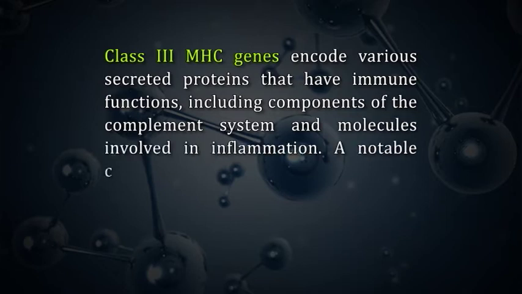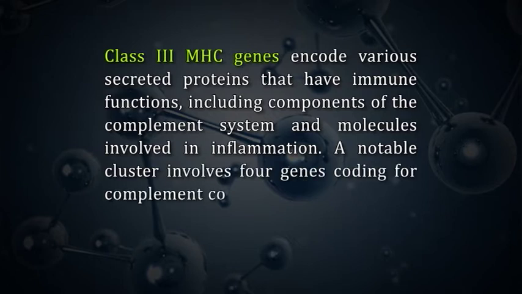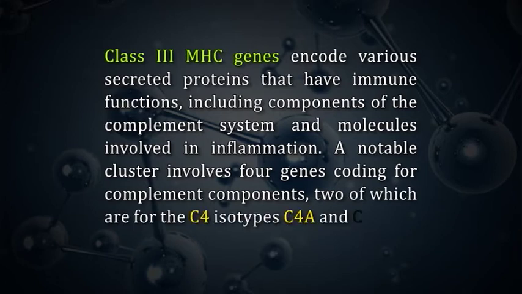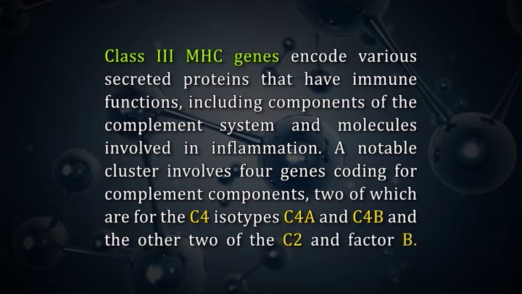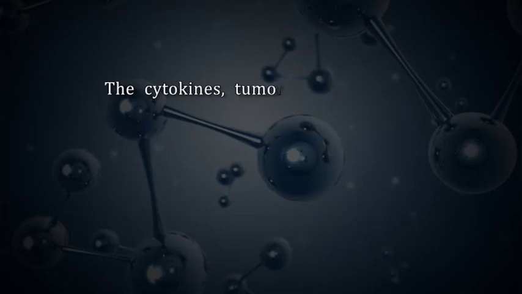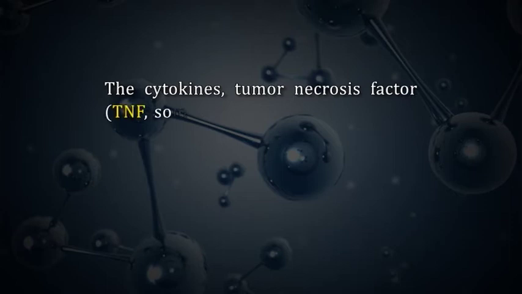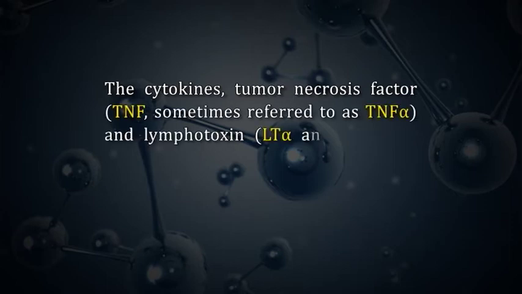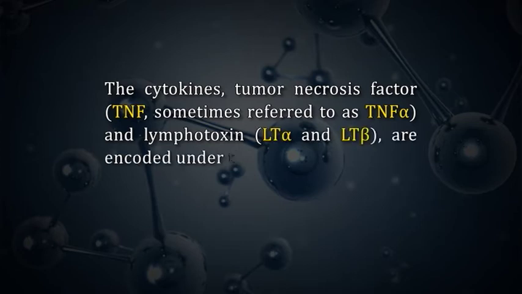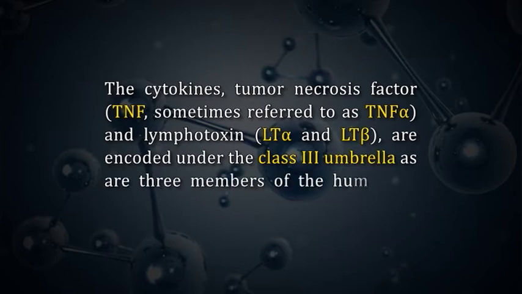A notable cluster involves 4 genes coding for complement components, 2 of which are for the C4 isotypes, C4A and C4B, and the other 2 are C2 and factor B. The cytokines tumor necrosis factor, TNF, sometimes referred to as TNF-alpha, and lymphotoxin LT-alpha and LT-beta are encoded under the class III umbrella, as are 3 members of the human 70 kilodalton heat shock proteins.